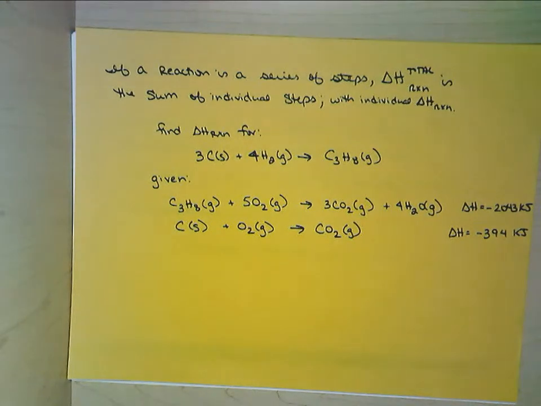I could take carbon and oxygen and combine them to make carbon dioxide, which has the delta H of negative 394 kilojoules.